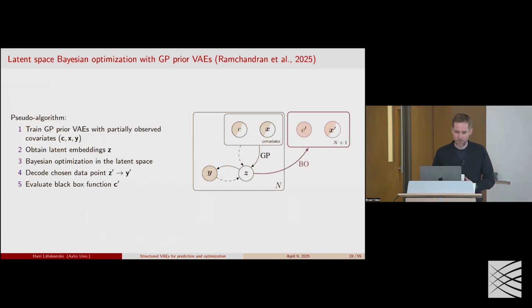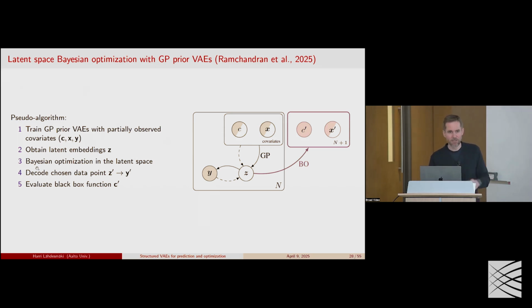Okay, so the pseudo algorithm is that we train a CP prior VAE with partially observed covariates. C and X may or may not be partially observed. Y values are fully observed. We obtain the latent embeddings Z for these data items. We carry out the Bayesian optimization in the latent space.